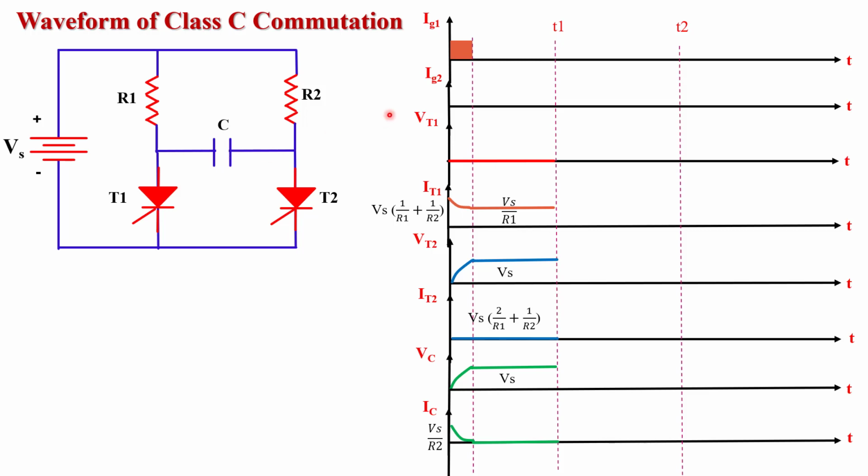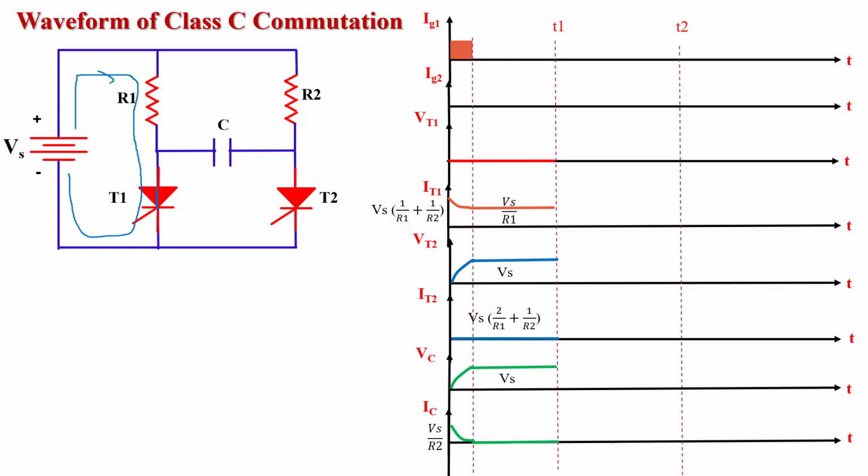Now, first we consider at omega t equals 0, we apply a gate triggering pulse to thyristor T1 and T1 gets turned on. When T1 is turned on, it behaves like a closed switch. So there are two loops through which current flows through the T1 thyristor. The first loop is from supply voltage, R1 resistor, T1 thyristor and back to the supply voltage.